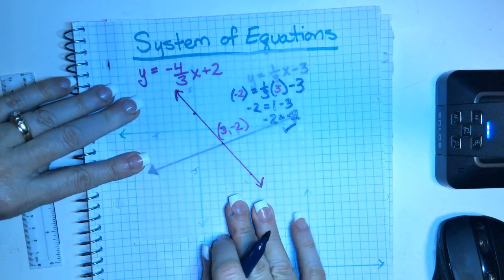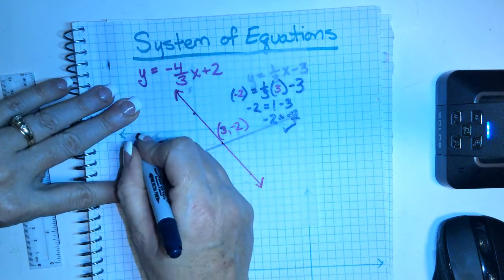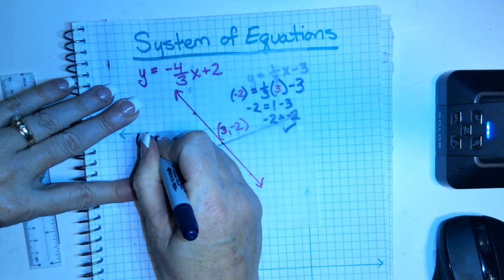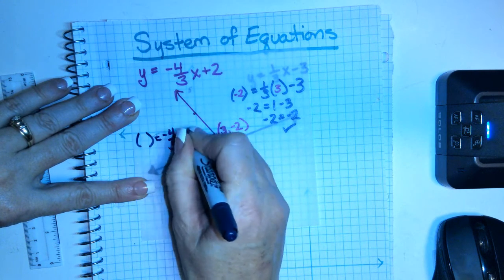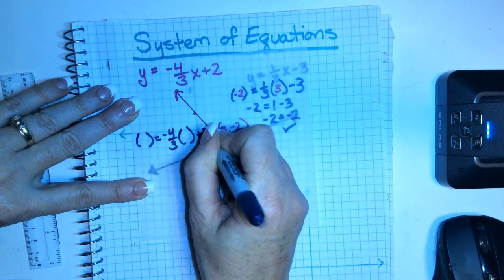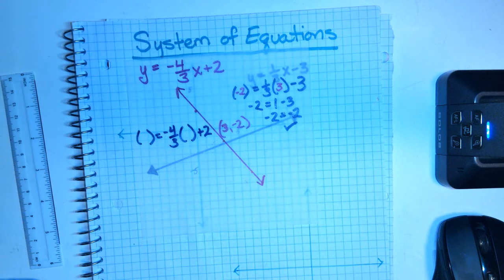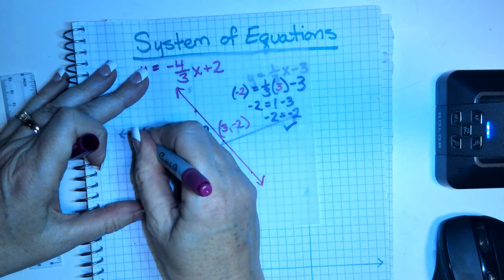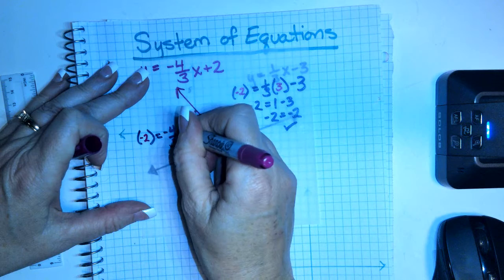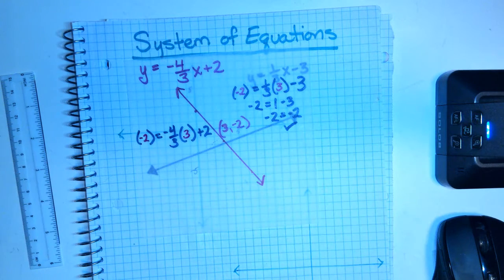Okay, so checking this one, I've got y equals negative 4/3 times x plus 2. Plugging in those values, y is negative 2 and x is positive 3.